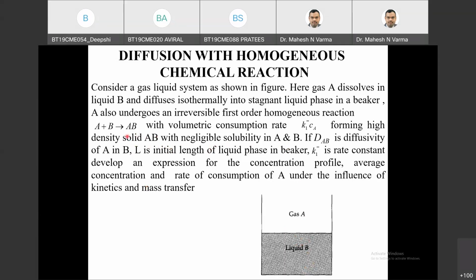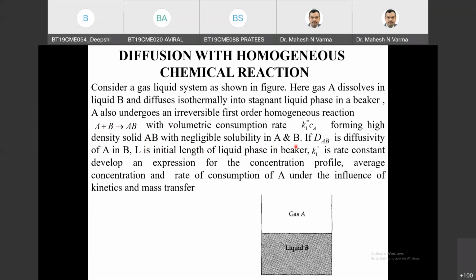It does not react again with A and B, so the reaction is irreversible. Once AB is formed, it nowhere interferes with the reaction of A and B. If AB were soluble in A and B, it might give some reversibility and you might get an equilibrium constant, but this is an irreversible reaction.